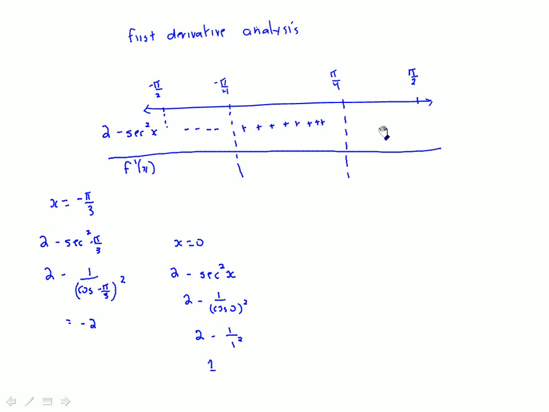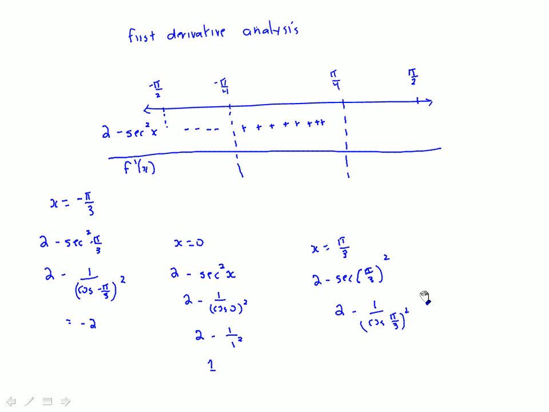And then greater than pi over 4, try x equal to pi over, I'd say pi over 3. So 2 minus the secant of pi over 3 squared is 2 minus 1 over cos of pi over 3 squared.